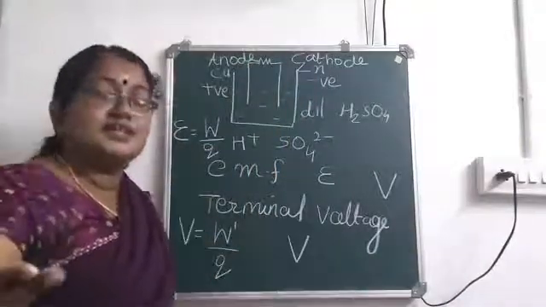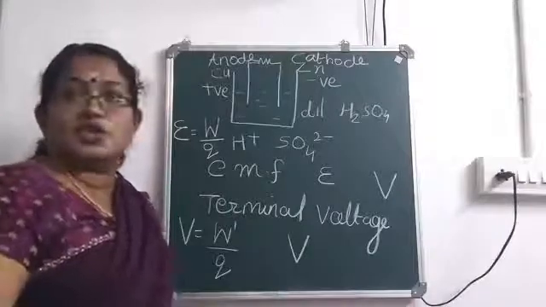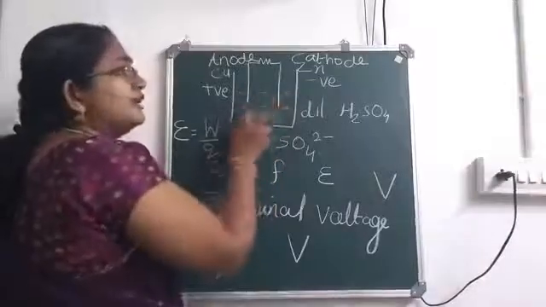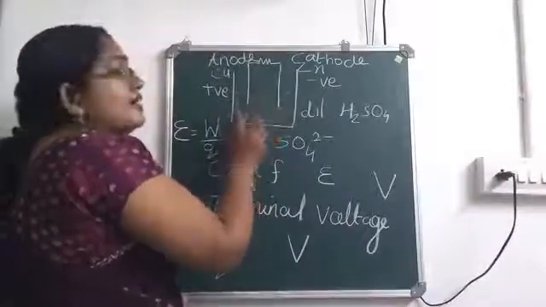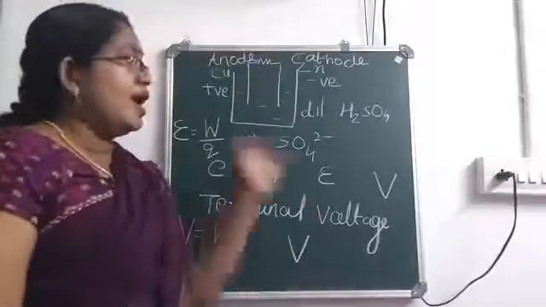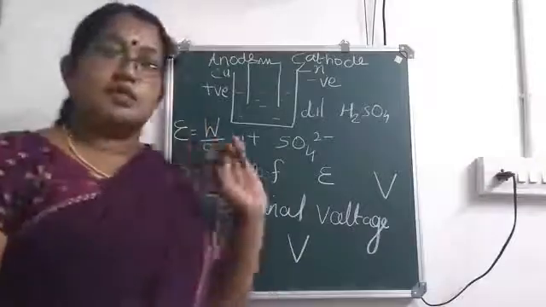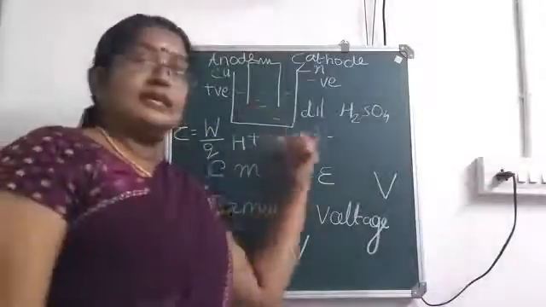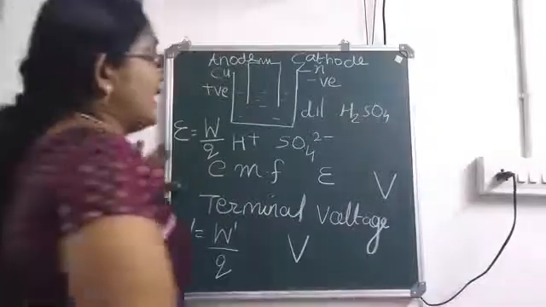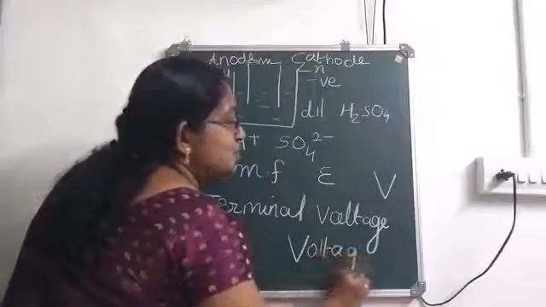So which one is greater? Epsilon is greater than terminal voltage, isn't it? By how much? That is the work done to move the charges through the electrolyte. So the work done to move the unit positive charge through the inner part, or through the electrolyte, is known as voltage drop.